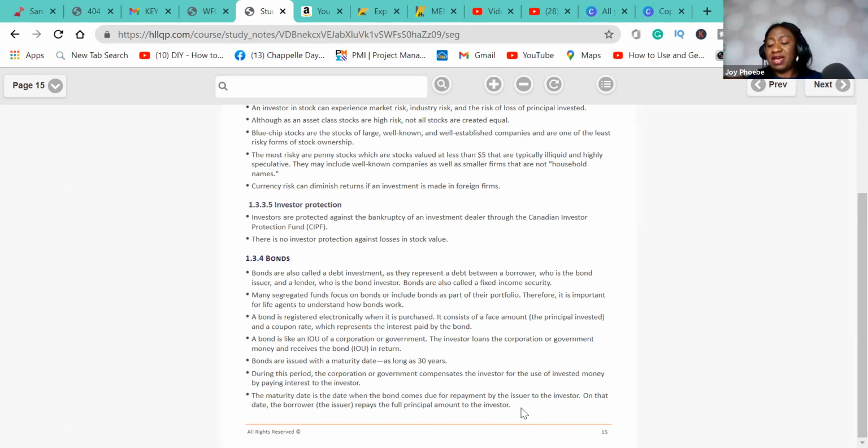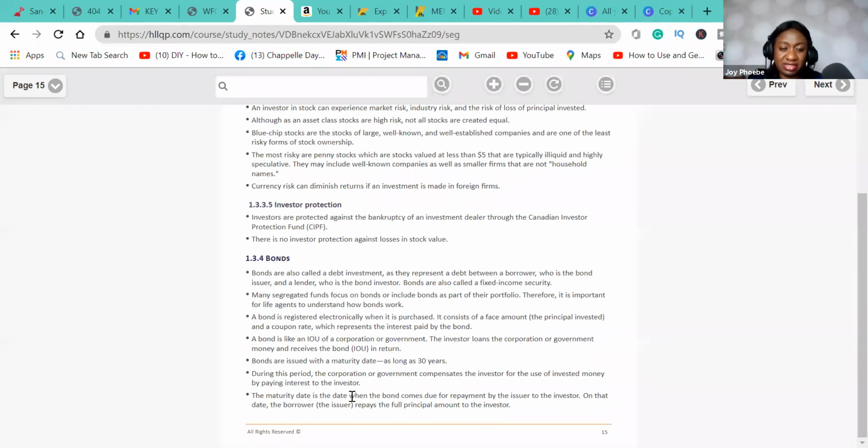And if I lend the money to the government for 30 years, it means that in the next 30 years, the money will be with the government, and I'll be getting my coupon rate on a monthly basis. And at the end of that 30 years, I get my $10,000 back.